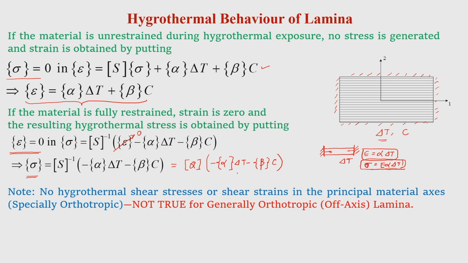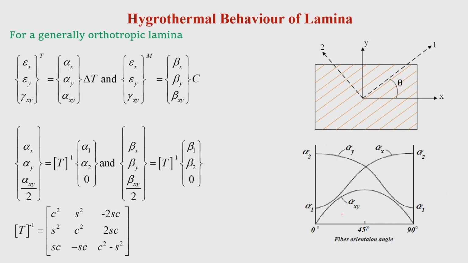If delta T is negative, the stress will be tensile. Again note that we are dealing in the material axis and therefore, there is no associated shear strain or stresses, but this is not true if we try to establish the same hygrothermal stresses for a generally orthotropic off axis lamina. Now, we will see what happens in a generally orthotropic lamina.